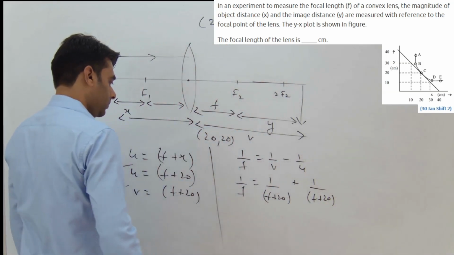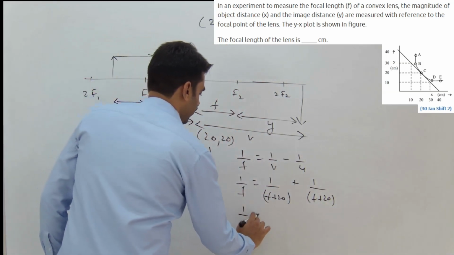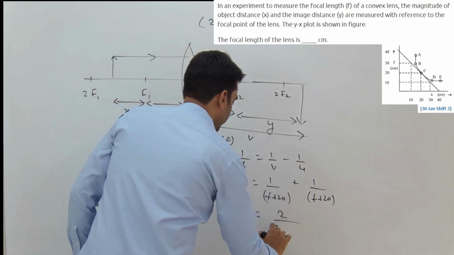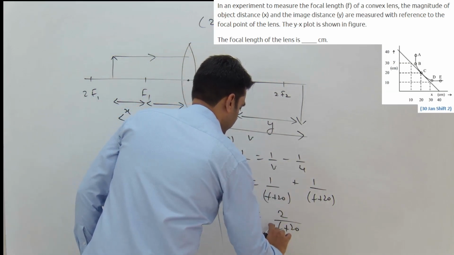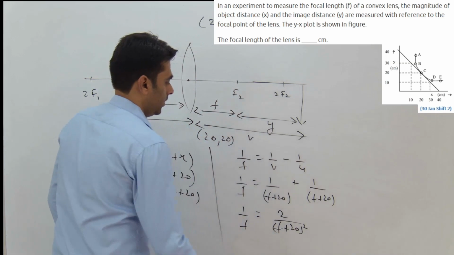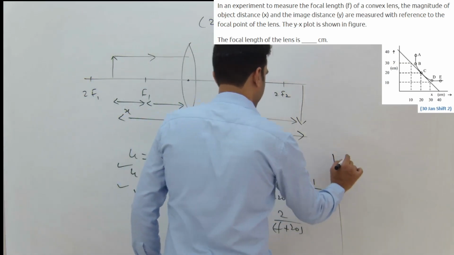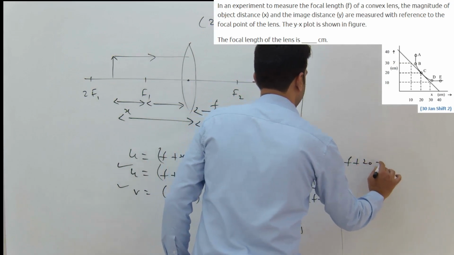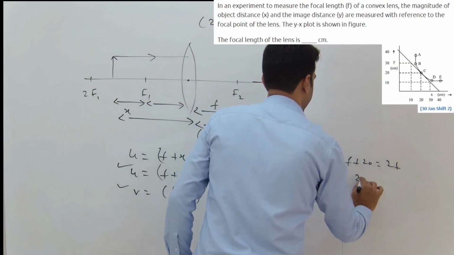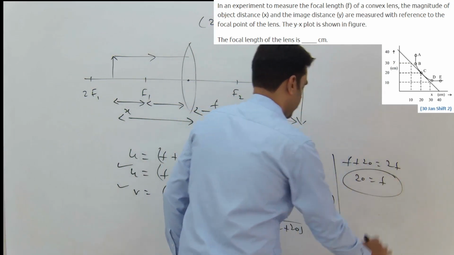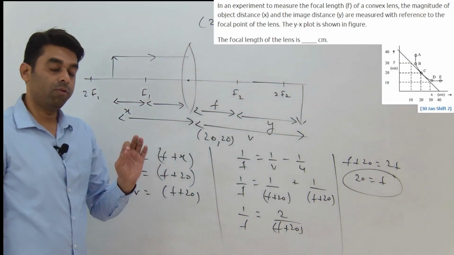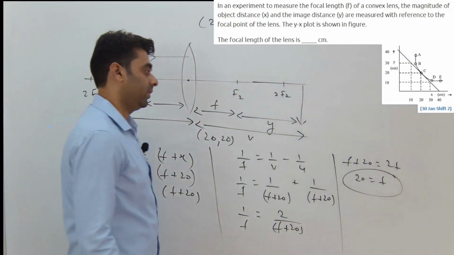How much are we getting? 1 by f is equal to 2 by f plus 20. If we solve it, the focal length comes out to be 20 centimeter.